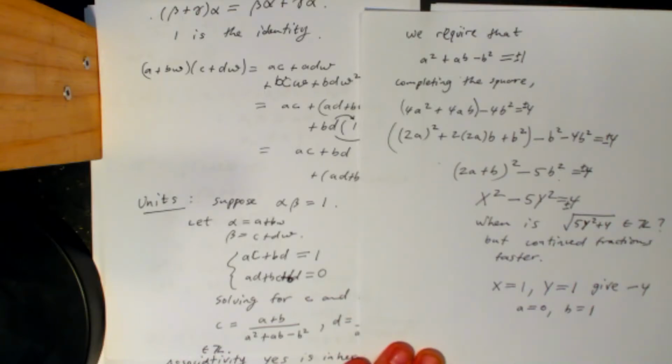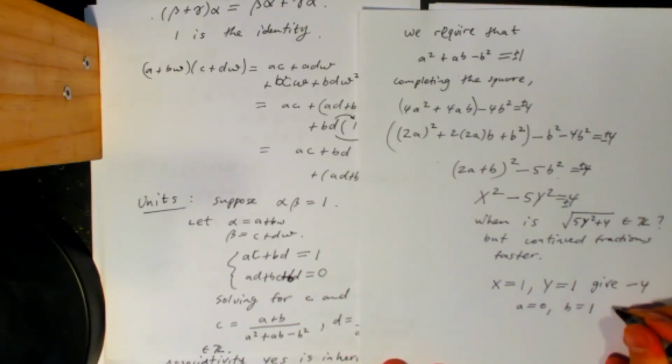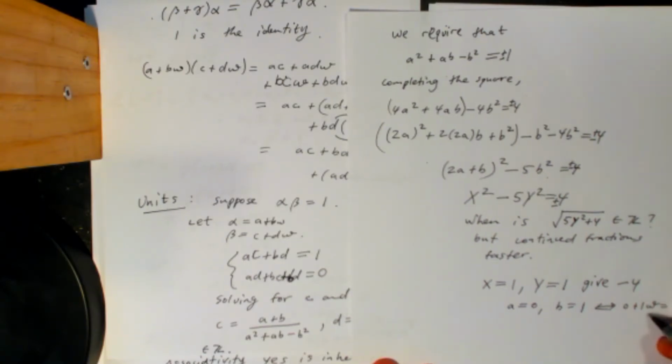Now if we translate this back, incidentally this corresponds to 0 plus 1 omega, which is omega. So we've worked out that omega has got to be a unit. Now the question is, what is its inverse?